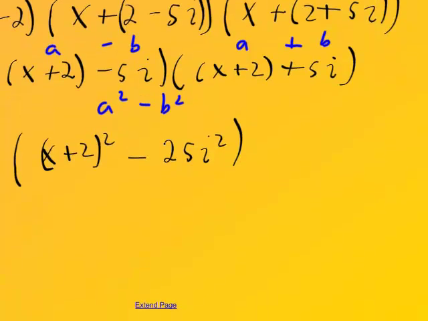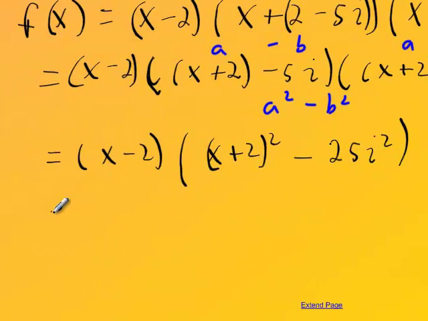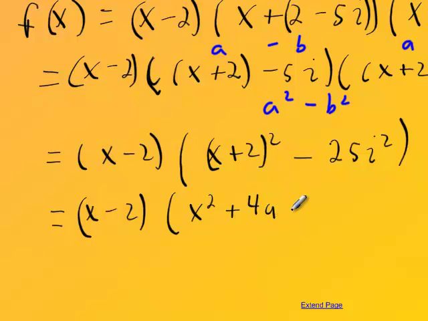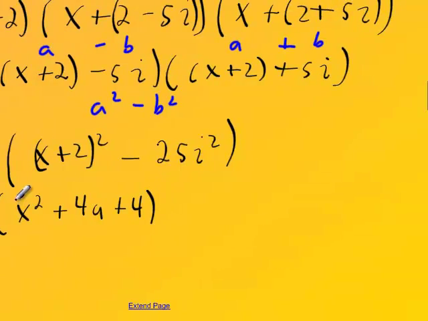Okay, now let's simplify this. So still just bringing down the x minus 2, we'll mess with that at the end. And this is a special product, this x plus 2 squared. We know that as x plus 2 times x plus 2. And that special product simply says a squared plus 2ab plus b squared. Like so. And then I have minus 25i squared, and i squared is negative 1, so that becomes plus 25.